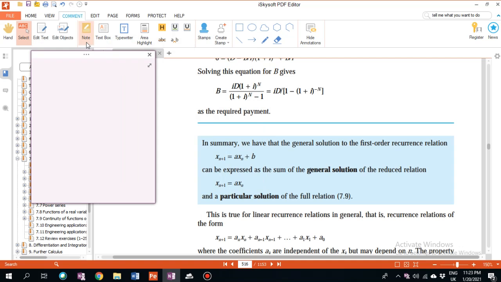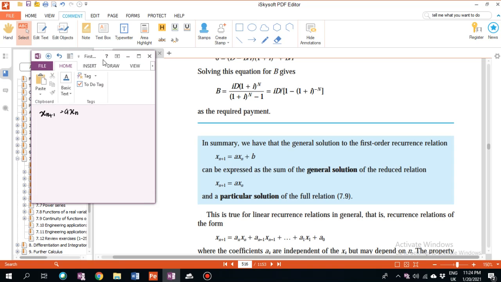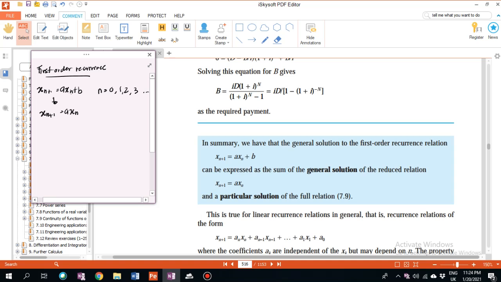If you notice here, for the first order recurrence, for example, we have x_{n+1} equal to a x_n + b. This can be simplified into the general form x_{n+1} = a x_n only, for every n equal to 0, 1, 2 or 3, and the rest is only affected by a x_n.